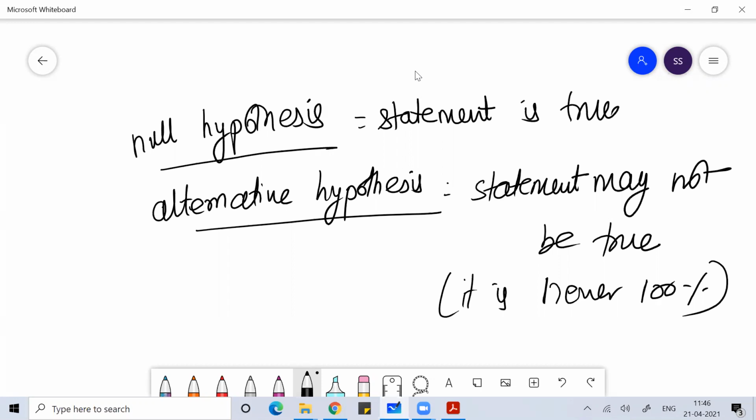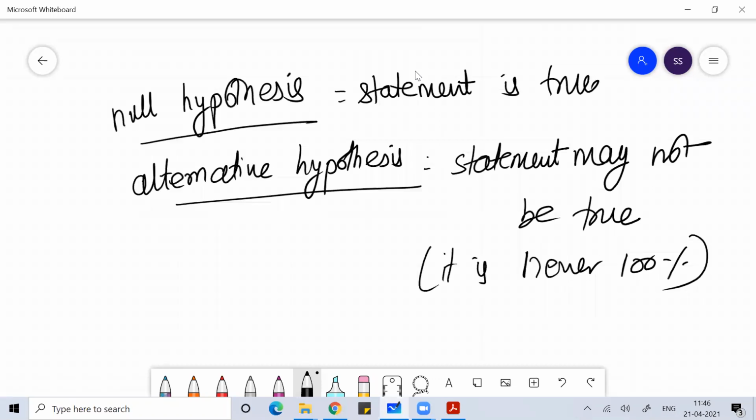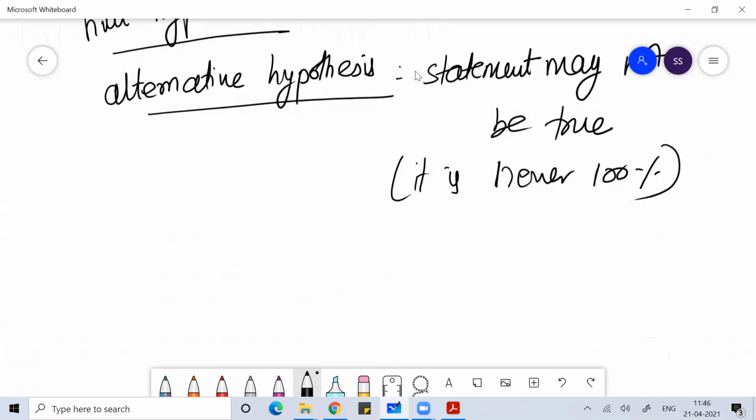I hope you're understanding. So in order to prove whether the statement given is true or not, we need to perform a research.